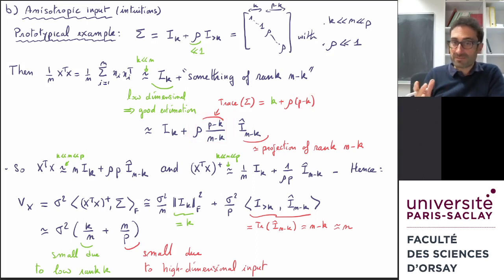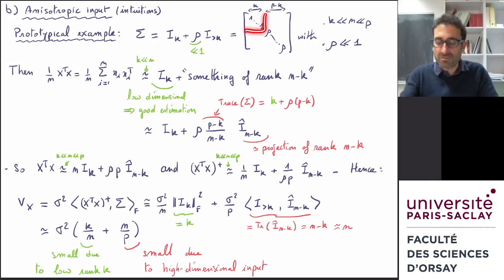So what we have understood is that my empirical covariance should be essentially equal to the identity on this space, because it is low dimensional with a lot of signal.